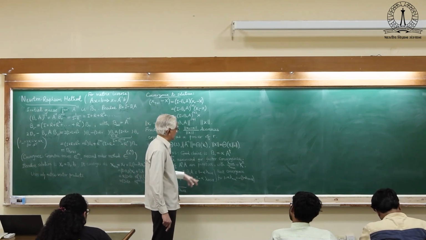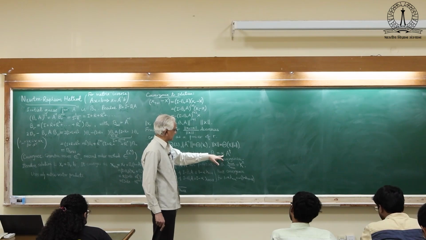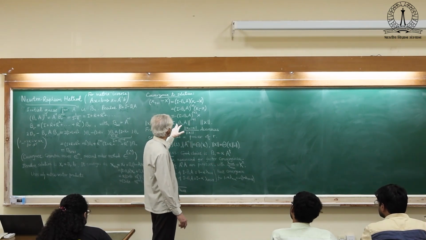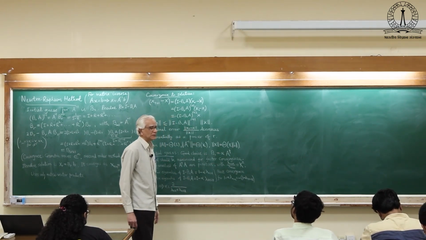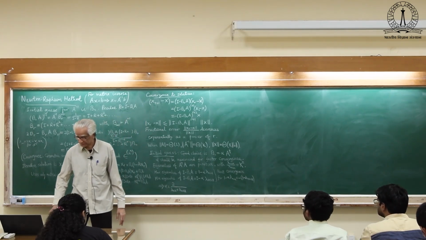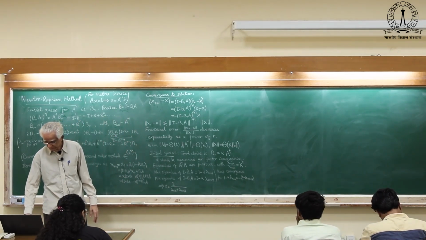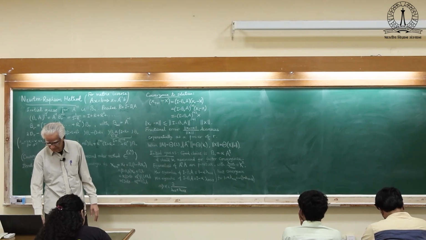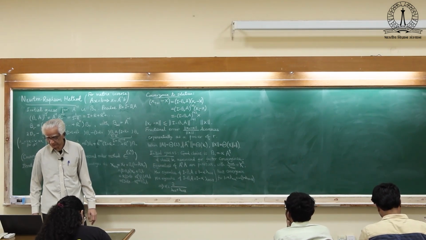Alpha is this, B0 is that number times A dagger, and then this whole thing will converge up to some power, and which can be formally written down, and that gives the rate of convergence of the algorithm.